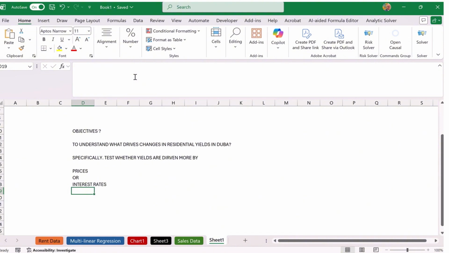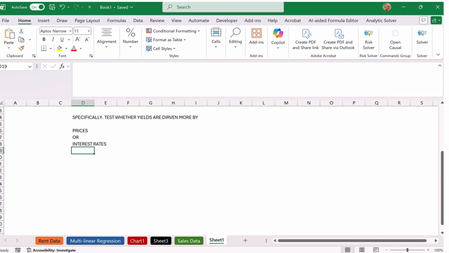This is a critical question for investors, developers, policymakers, and anyone who is interested in the Dubai real estate market.